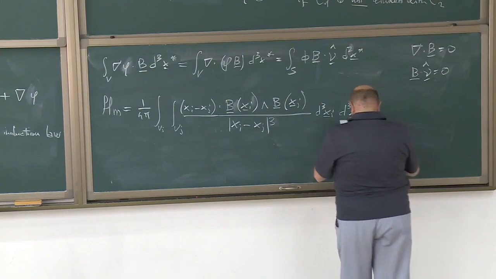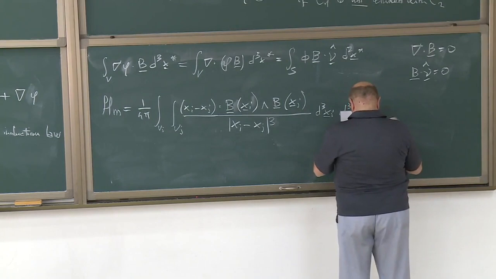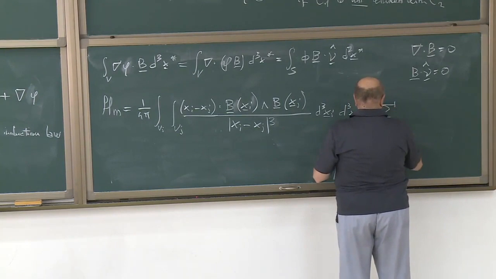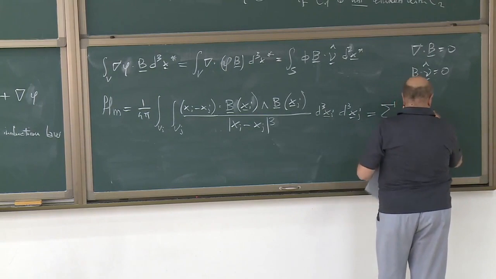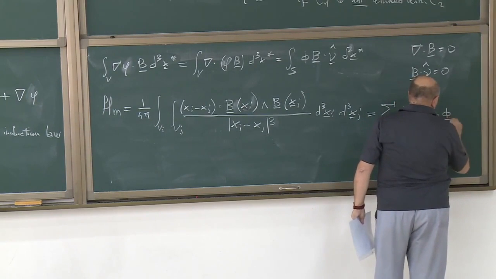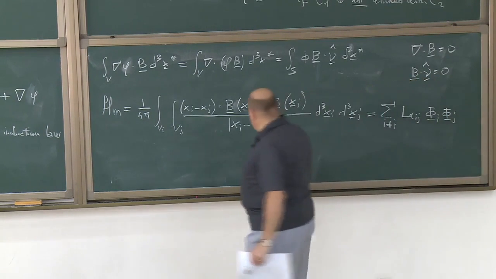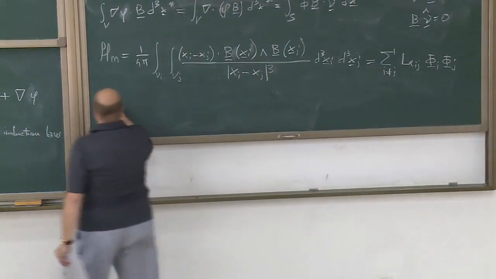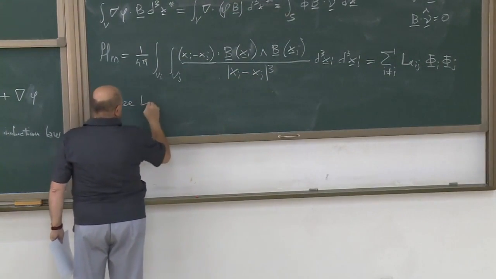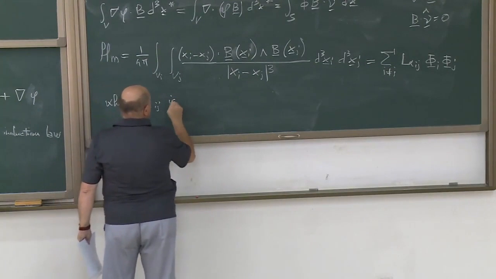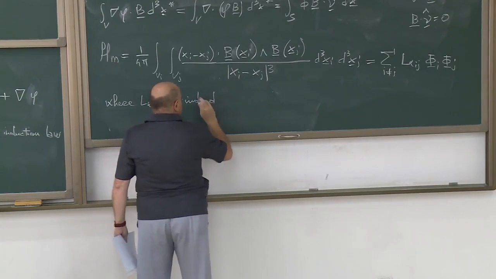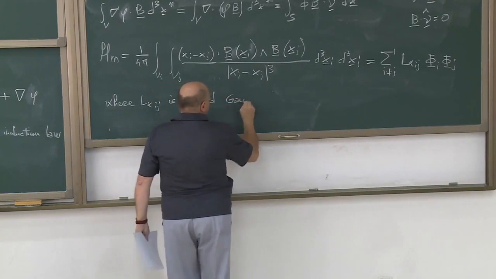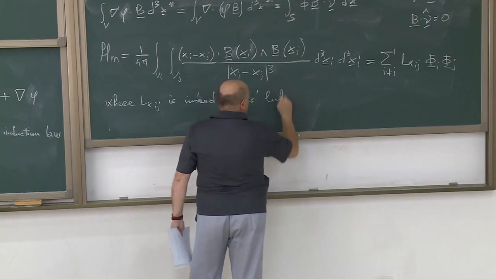And, okay, so this is indeed the sum over i different from j of L_ij phi_i phi_j, in the sense that L_ij is indeed the Gauss linking number.